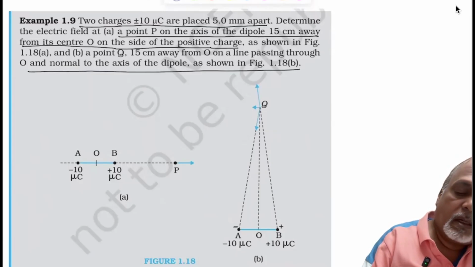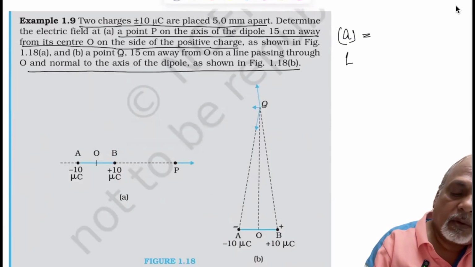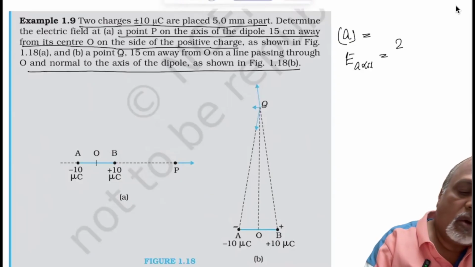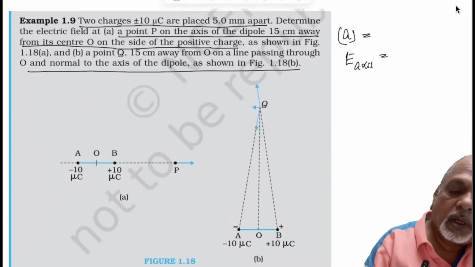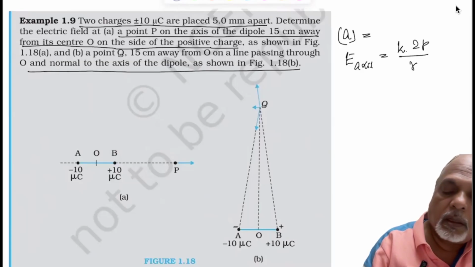A part, you have to apply the formula of axial electric field which we have. And what is that? Not 2, basically it is K 2 P upon R cube.